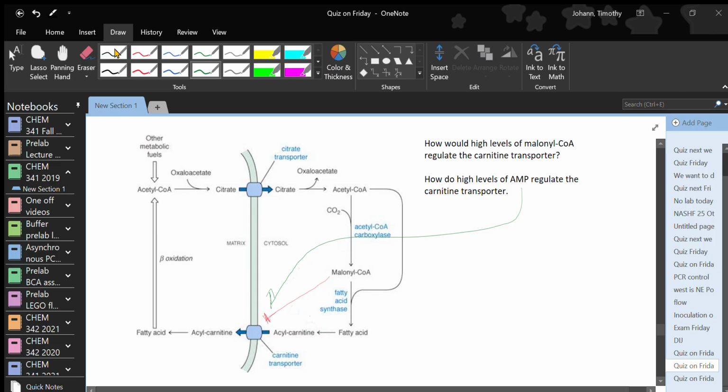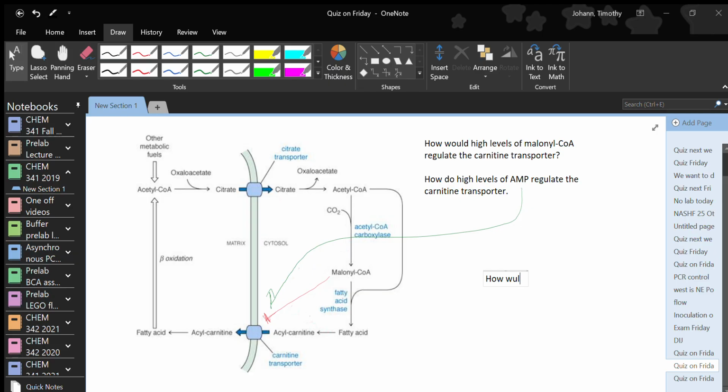How would insulin binding to the outside of the cell regulate the citrate transporter?